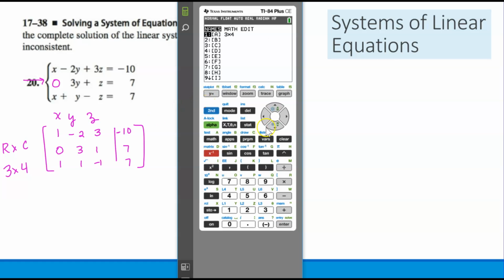Second matrix math. Up arrow gets us to RREF just a little bit quicker. We hit enter, and then which matrix do I want to RREF? Which matrix do I want to perform Gauss-Jordan elimination on? That's matrix A, and there's our solution.